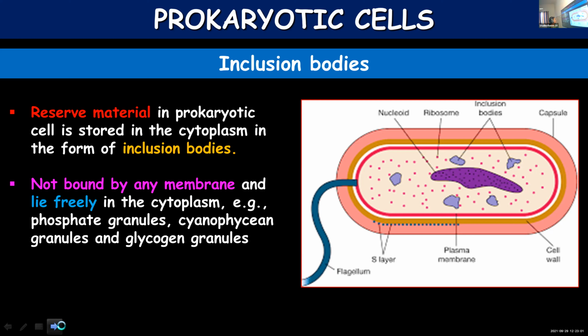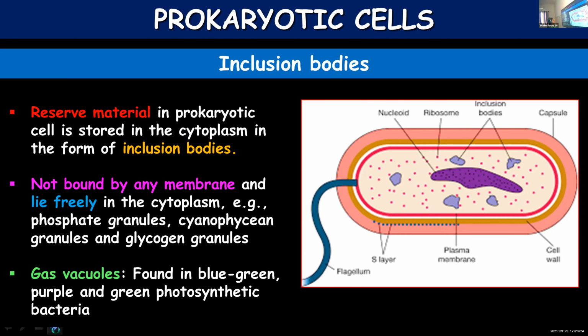It can be phosphate, cyanophycean, or glycogen granules. Glycogen is the storage form of glucose. Cyanophycean is also a carbohydrate, starch granules, or phosphate granules. All these will be stored in the cytoplasm of prokaryotic cells.